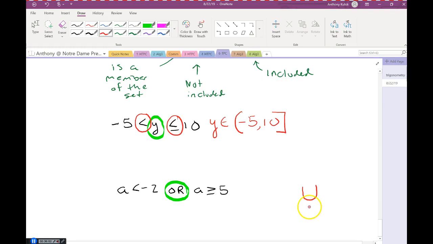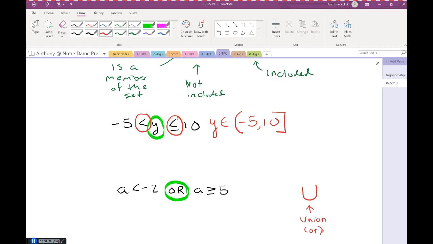It's like a U with no tail. This symbol is for union. In set speak, that's the same thing as an OR. So we're just going to write this as two separate intervals that we're going to connect with this union symbol. Now that I write this, does this look familiar? You remember seeing this last year, I hope. We used it on occasion. It wasn't very frequent. The fact that nobody could really come up with it is not surprising. It's okay.